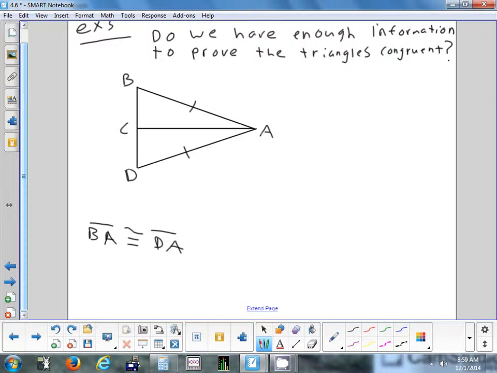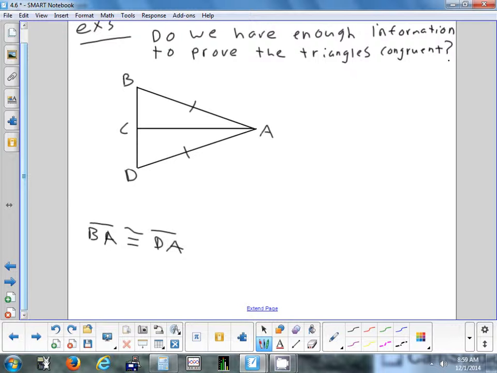So BC and DC are not marked. We don't know if they're congruent. But you think we can prove these triangles are congruent still, right? Okay, then we need more information. We can't do it with just a side. Let's just see if there's anything else.